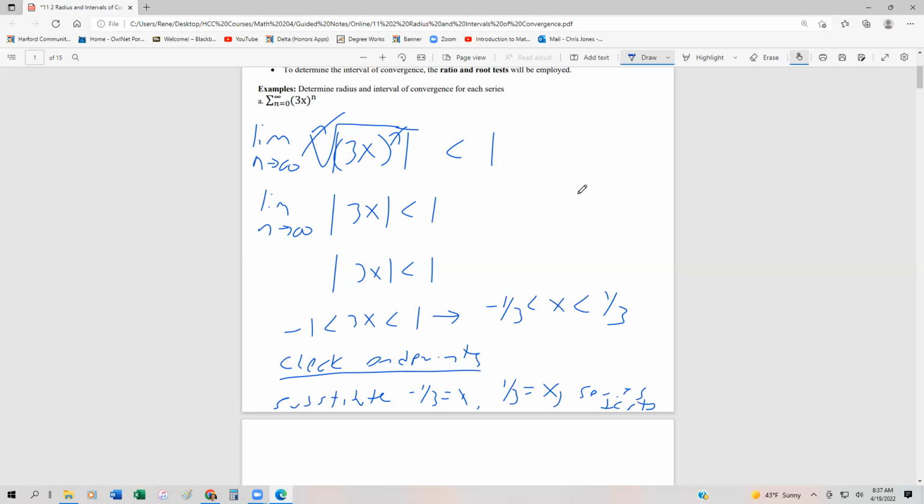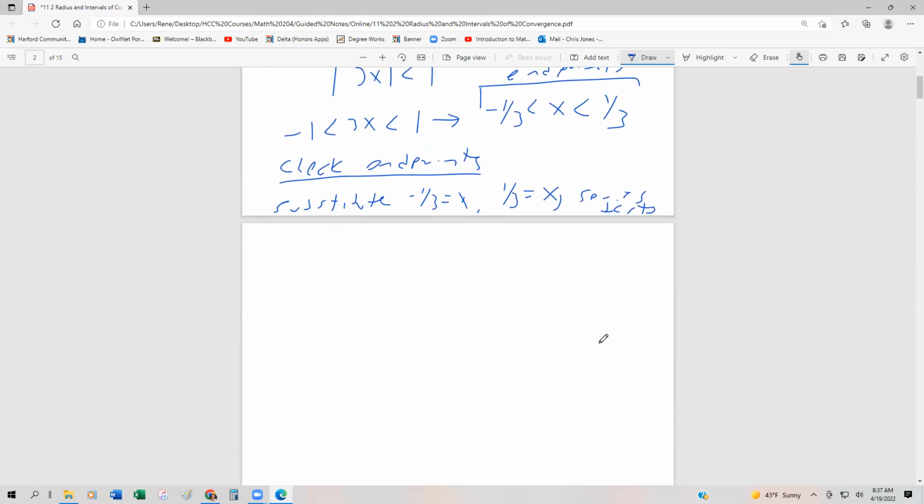That's the goal after we get this initial interval of convergence. This is the first part of how we do these problems: this is the initial interval of convergence, so the interval without the endpoints. Now let's go ahead and test what happens at the endpoints.